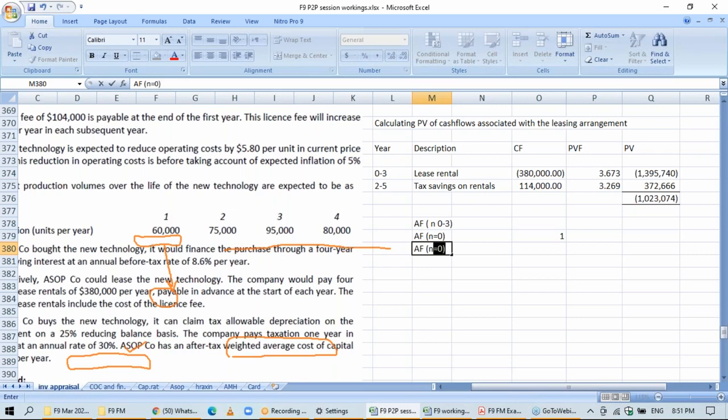Then when n equals 1 to 3 years, the remaining 3 payments. So pick the annuity fraction from the annuity table, or use the formula (1 minus (1 plus r) to the power minus n) divided by r. Now what will be the rate which will be used? According to the question, they have given a rate of 8.6%. Let me highlight it from the question.